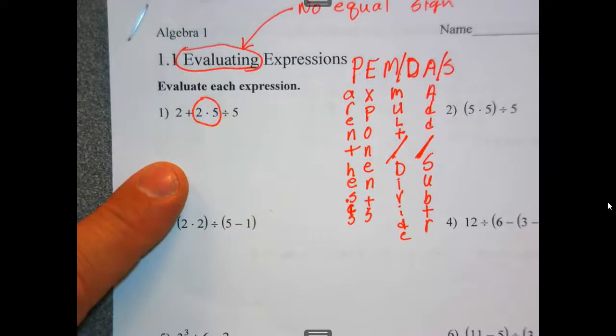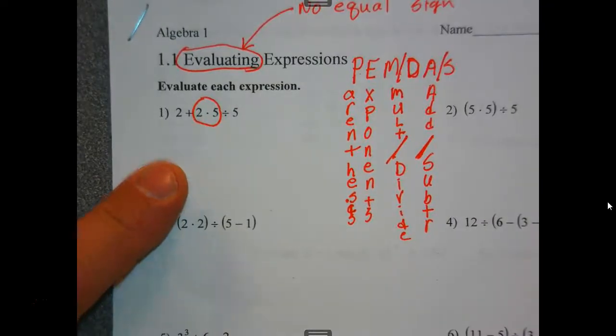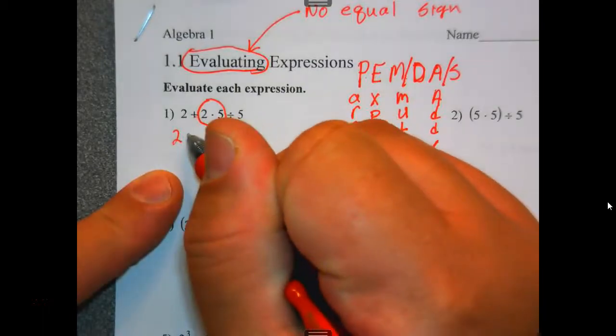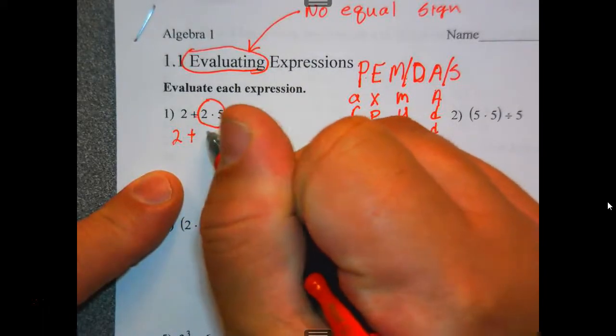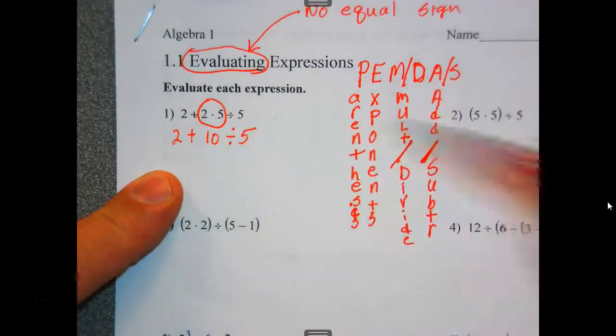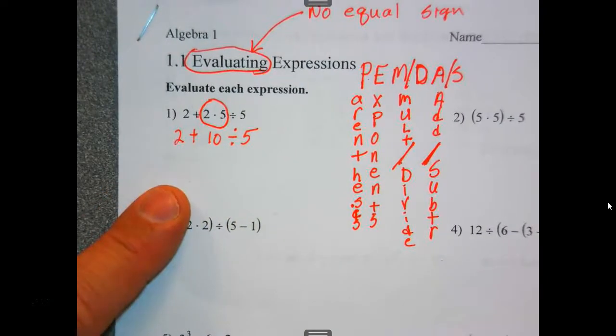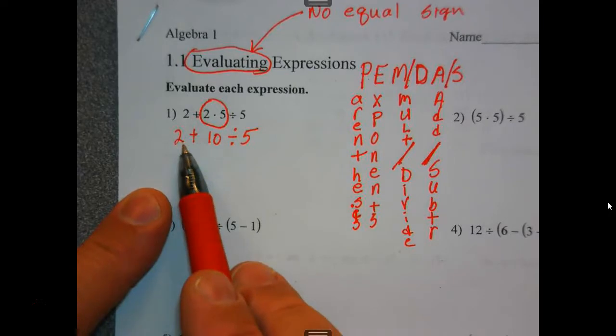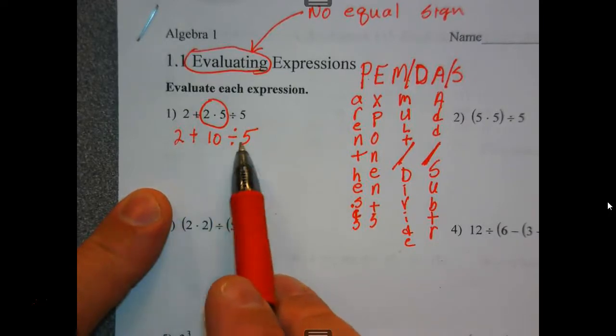Okay, I'm only going to do one step at a time here. So I'm going to bring down the 2 plus 2 times 5 is 10 divided by 5. They're doing this on purpose. They want you to go left to right, do 2 plus 10 divided by 5.